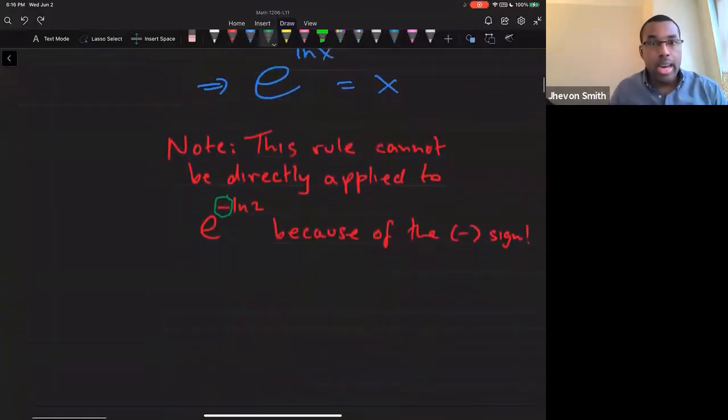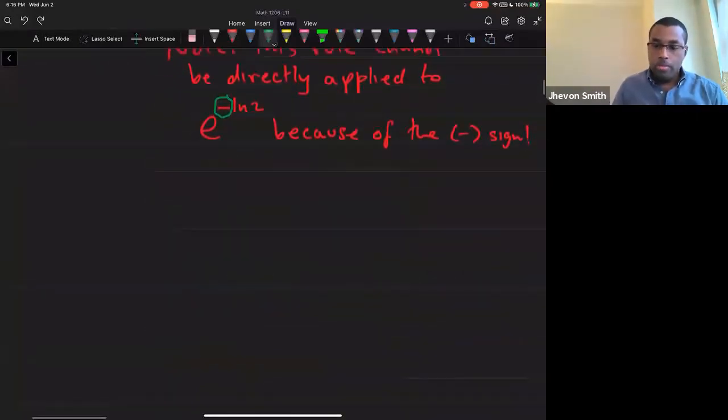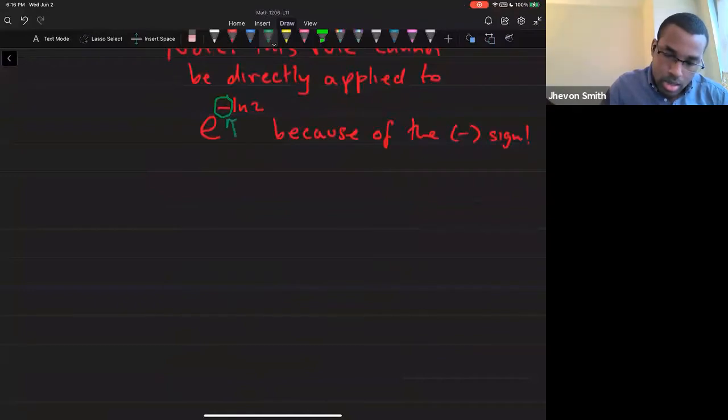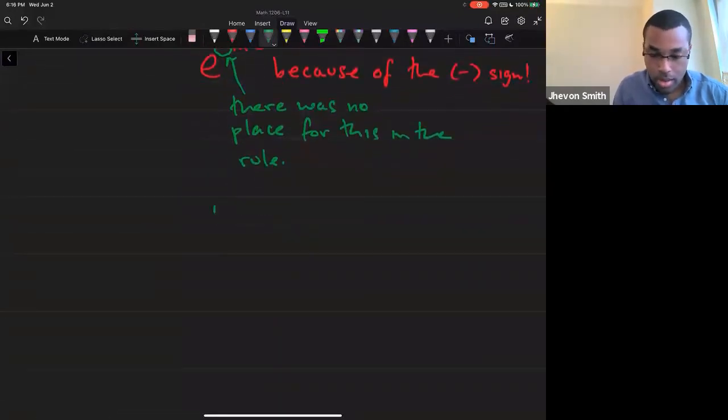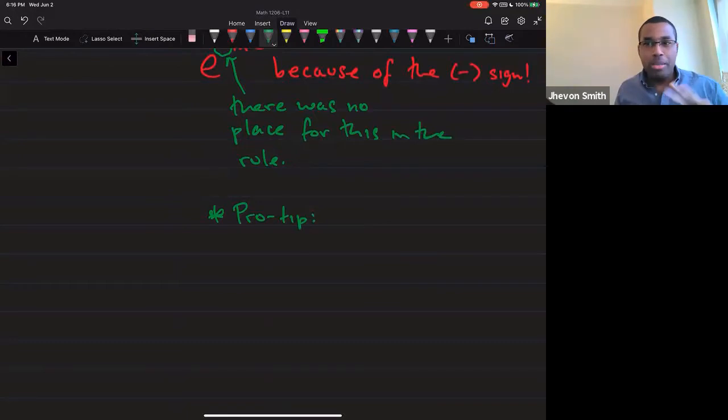That minus sign kind of messes things up. So that's an issue. There was no place for this in the rule. And so, let me give you a pro tip. It might seem obvious, but for whatever reason in practice, it's not.